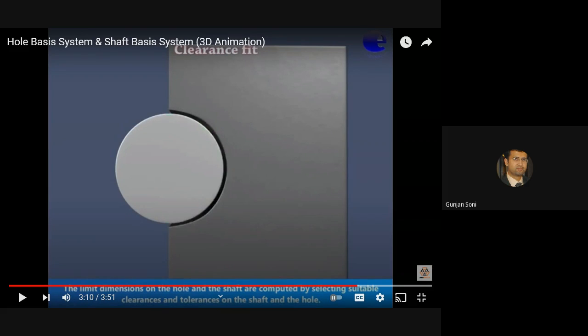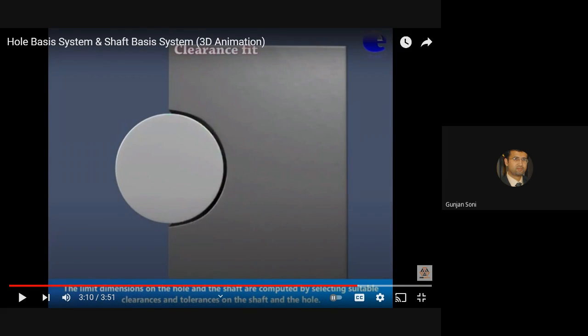And also the assemblies, you see, generally we try to fit things into objects. Generally we make a block and then we try to fit things in that. So most of the time it is difficult to move the hole or the object and then design, and then we design the shaft. So generally we fix the hole first. Holes are more often found in solid objects into which the shafts are to be assembled, or like nuts and bolts.